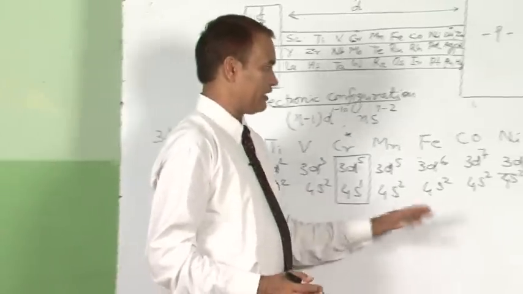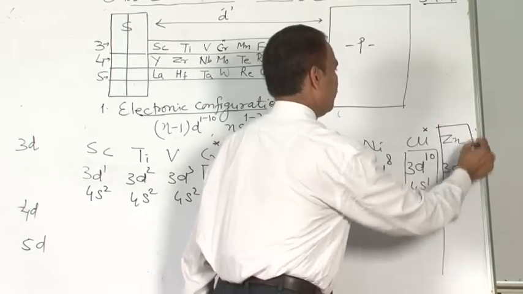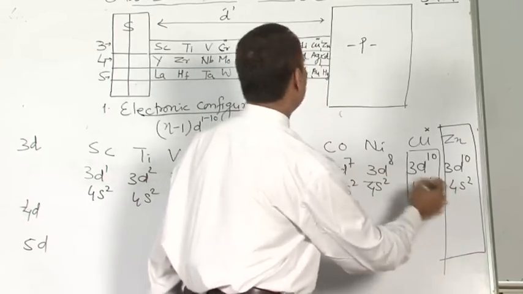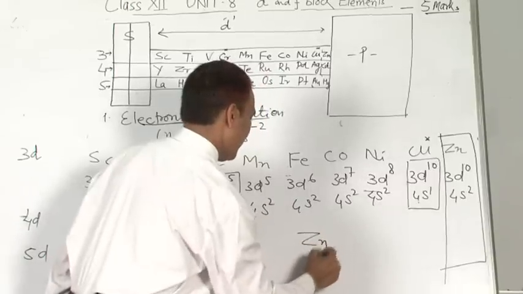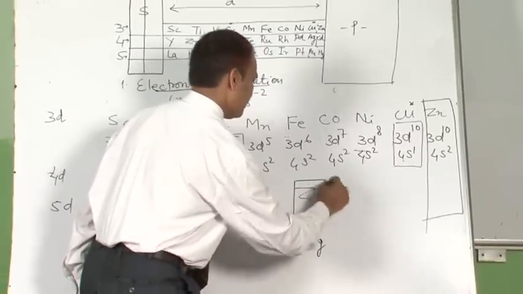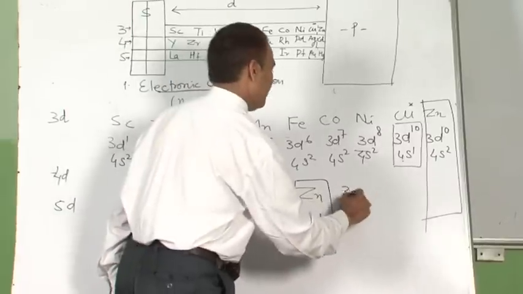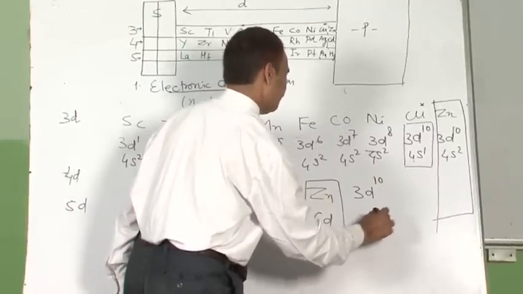If we write the electronic configuration, we will find in the case of group 12, that is zinc, cadmium and mercury, in all these elements, a completely filled d orbital, 3d10 4s2.